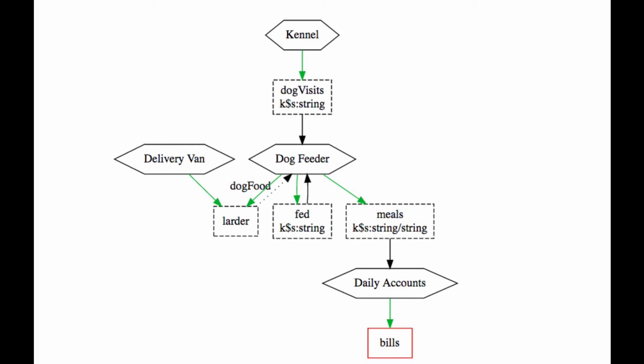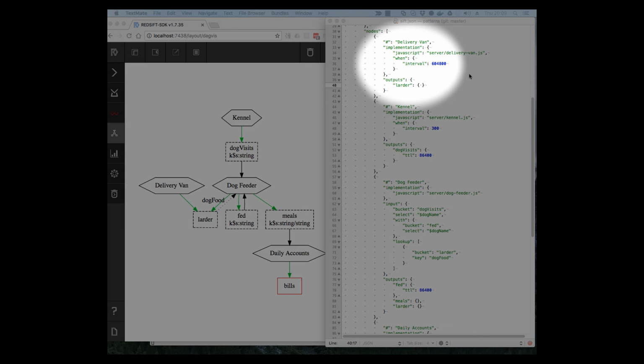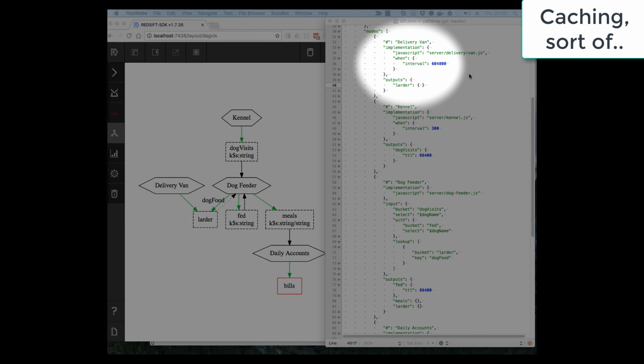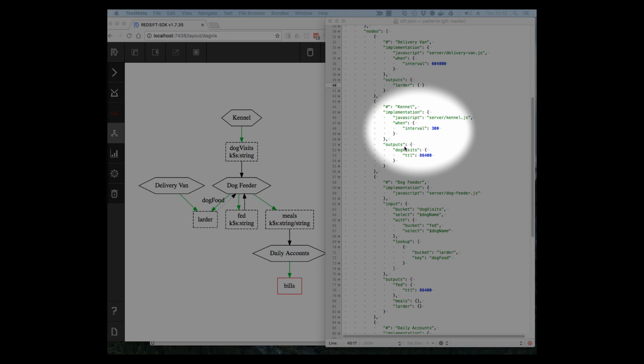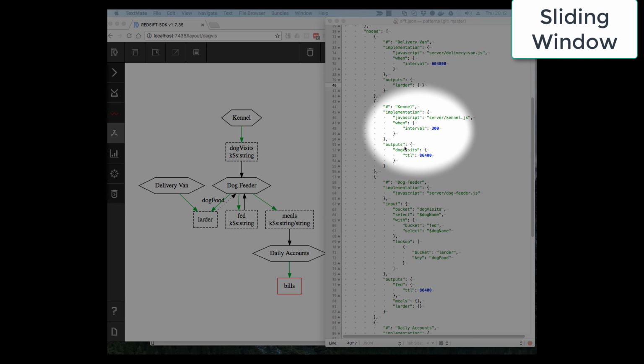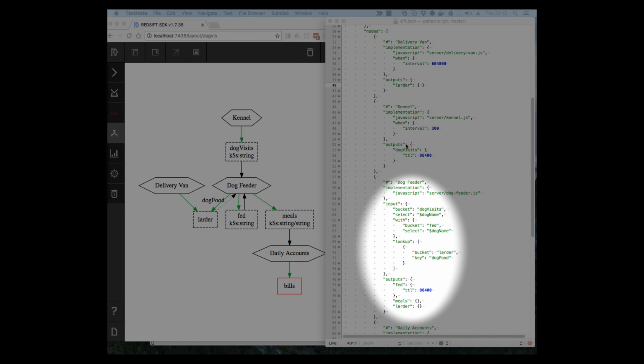Now let's look at our DAG visualization side by side with the sift.json file. The delivery van comes once a week and stocks up the larder with dog food. The kennel emits visits from random dogs every 5 minutes. The dog visit outputs have a time to live of 1 day. The dog feeder node takes in dog visits and joins them with the fed store.